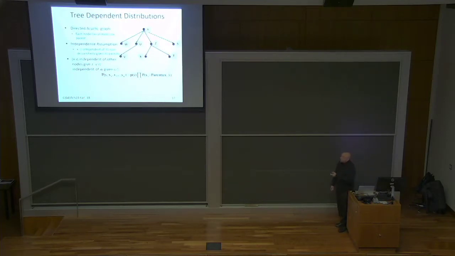So still, I can write a joint this way. It's exactly the same as before, only that each variable xi has only one parent or no parents. Okay? So the independence assumption, again, is the same, only that I can write it in a simpler way. Every variable x is independent of other nodes given its parent.